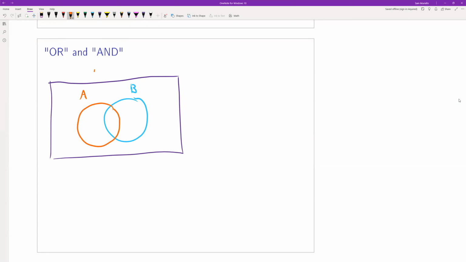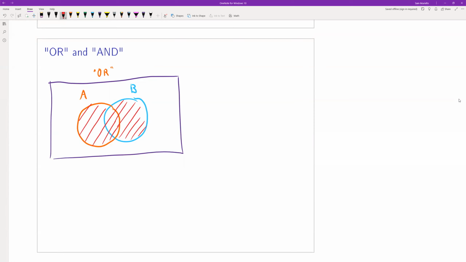Now, if I'm looking at "or", then what we're looking at is the odds that A happens or B happens, or potentially both. So everything that is in A will work as well as everything that's in B. And notice that we are including the overlap.